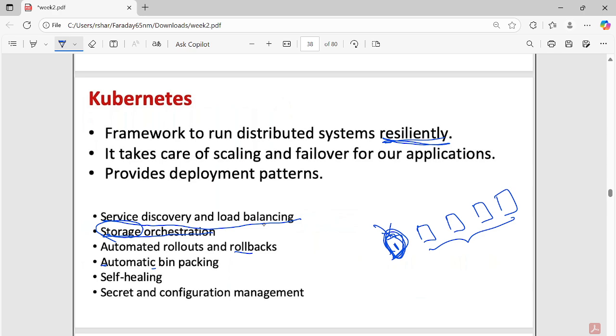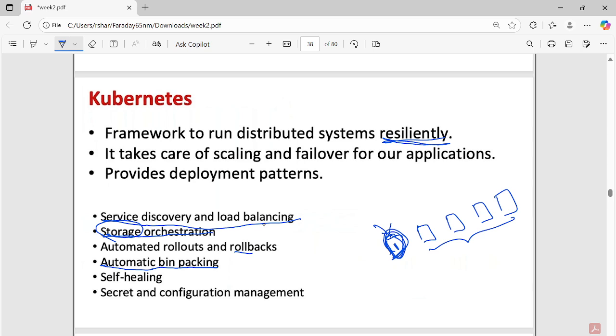Next, another thing is automatic bin packing. Using Kubernetes on a cluster of nodes, we know that this cluster of nodes is going to run the containerized tasks, and we will tell Kubernetes how much CPU and memory each container requires.